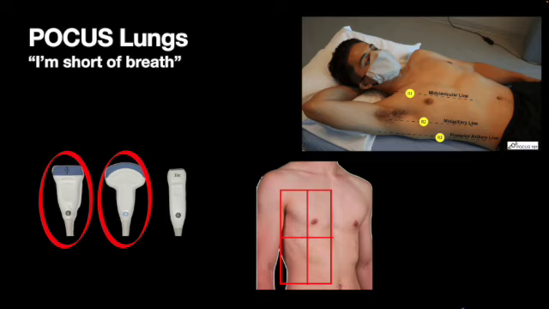The pleura is very superficial, and that's where the linear probe really shines. It will show you that pleural line with high definition. But in my experience, the curvilinear probe is just as good, and that is the only probe you usually need when assessing lungs.